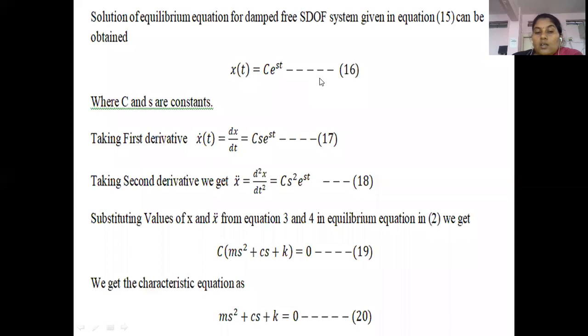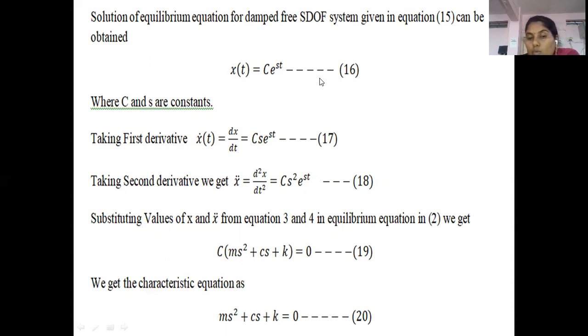Now, how can we calculate the second derivative? Already we have calculated this derivative in the last derivation also.